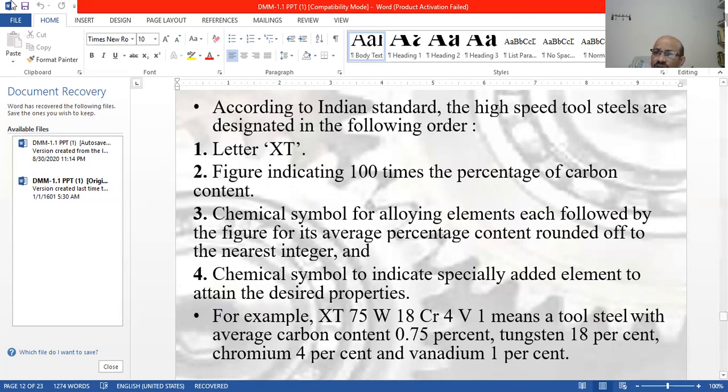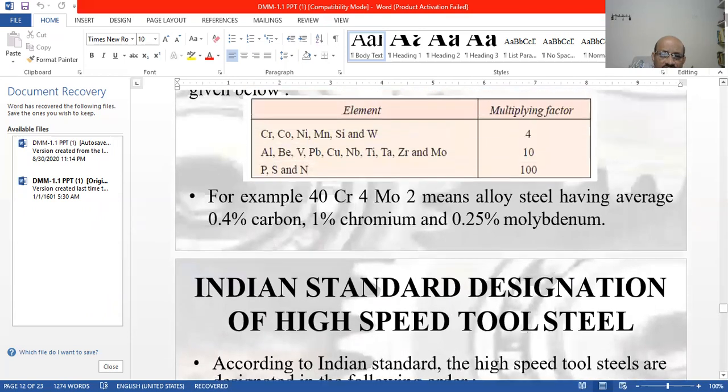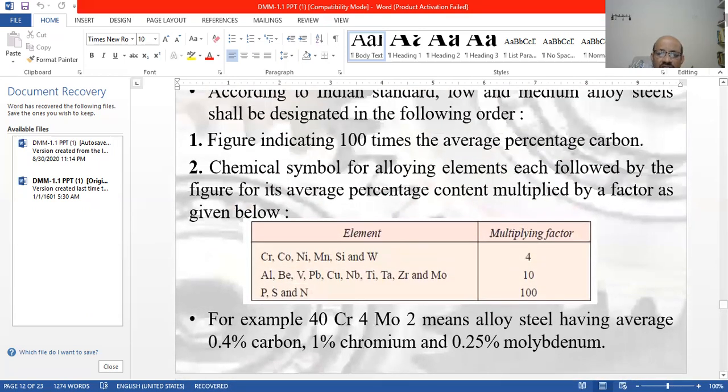This entire designation we can say is the Bureau of Indian Standard designation of high-speed tool steel. So here, one more thing we mention: I took one example, but here two elements and multiplying factors will be there.